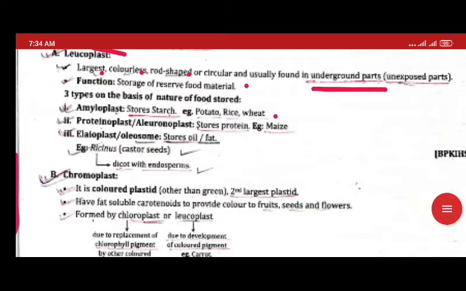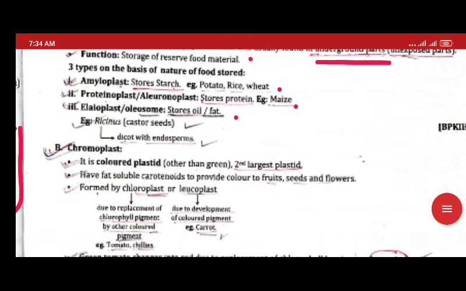Now proteinoplasts, also called aleuroplasts, store protein, for example maize. Now elaioplasts, also called oleosomes, store oil or fat. Example is Ricinus, that is castor seed, a dicot with endosperm.